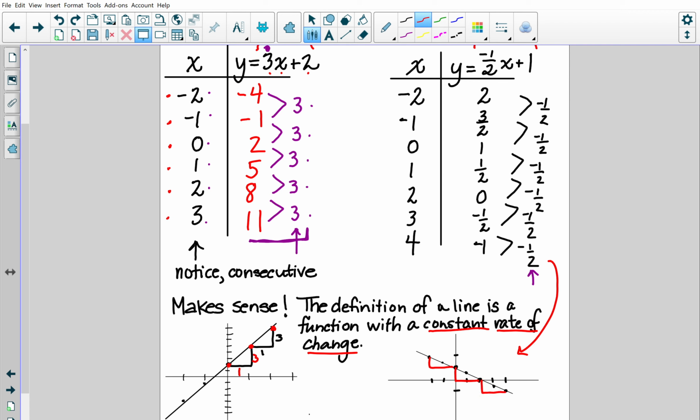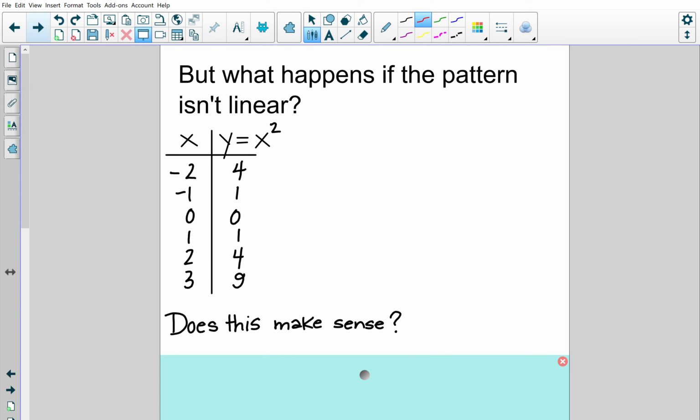Or in this case, down 1/2 over 1. So constant rate of change. So it appears that when the differences become constant after one set of differences taken, we have a line.